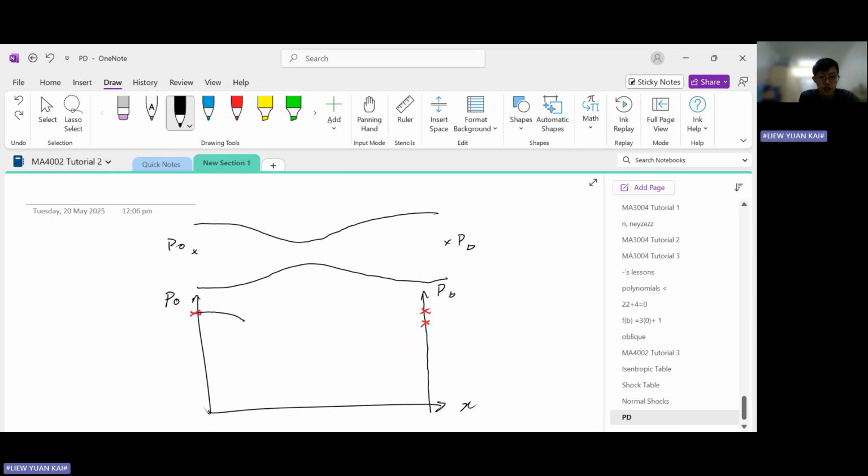It will dip down, reach a minimum at the choke, and then climb back up towards the back pressure. Now let's move the back pressure down again. Again it will dip down, reach a minimum at the choke, and then climb back to the back pressure. It's important to note that all of this is subsonic for now.